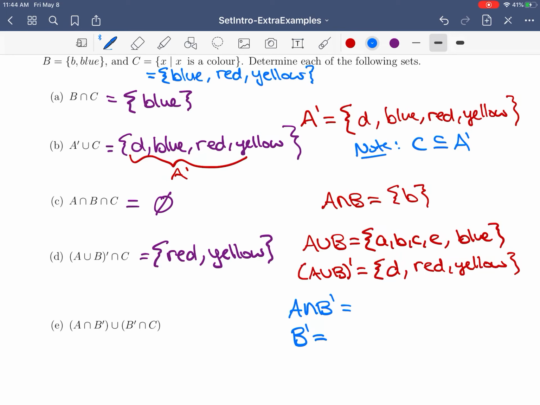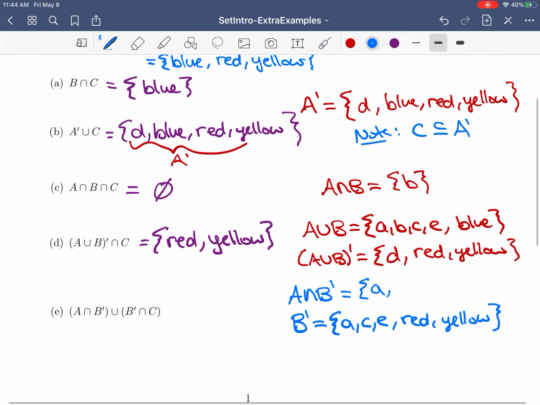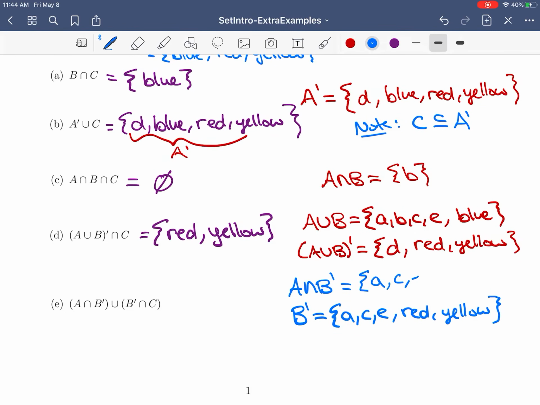So B only has B in blue, so the complement is going to have A, C, and E, and red and yellow. Okay, so when I intersect that with A, I'm just going to have A, C, and E, so no colors. Okay, now if I do B complement intersect C, so what does that have in common with C? Well, that's just going to be the colors, so red and yellow.